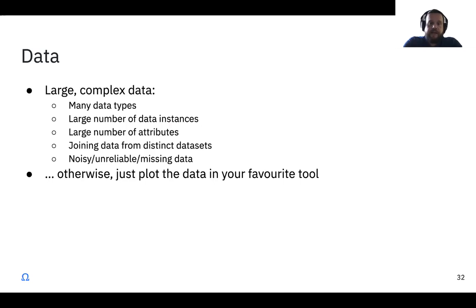It has many data types, a large number of data instances, a large number of attributes, you have to join data from distinct data sets, or you have to contend with noisy, unreliable, or missing data. Because if you don't have a data challenge, if your data is clear, nicely formatted, nothing wrong with it, then you can just plot the data in your favorite tool, and it's not an information visualization challenge, right?